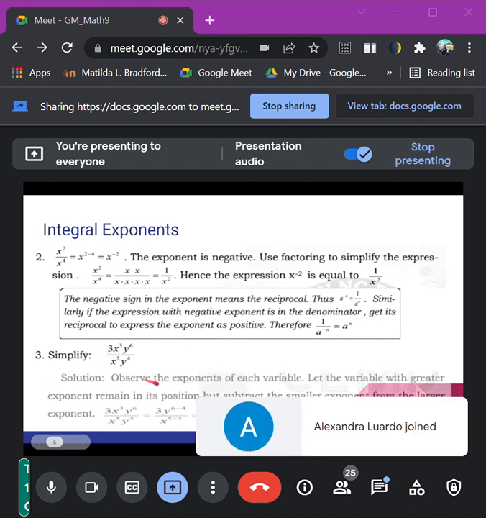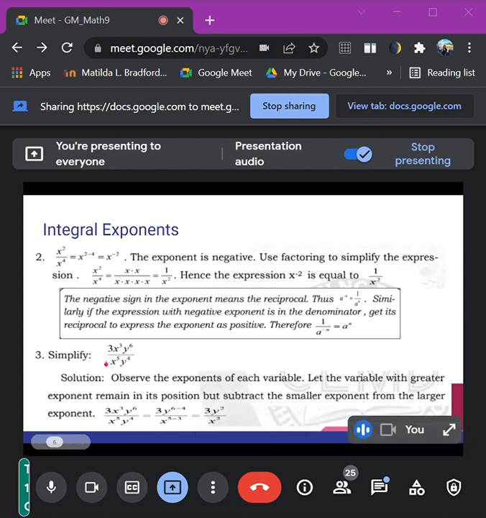So, you will have there 3 divided by 1, and then mag-subtract na ta, kay subtraction man basta division, di ba? So, x raised to 3 minus 5, and then you have there y raised to 6 minus 4. So, makita na nato siya diri, class.